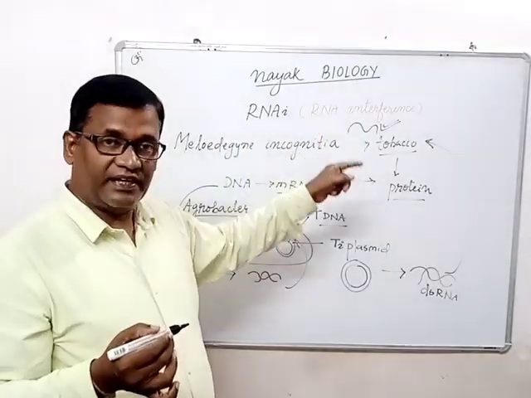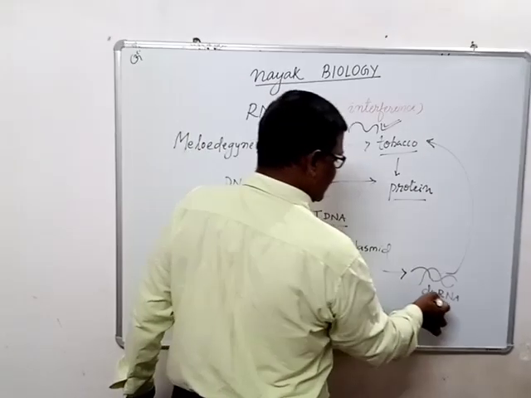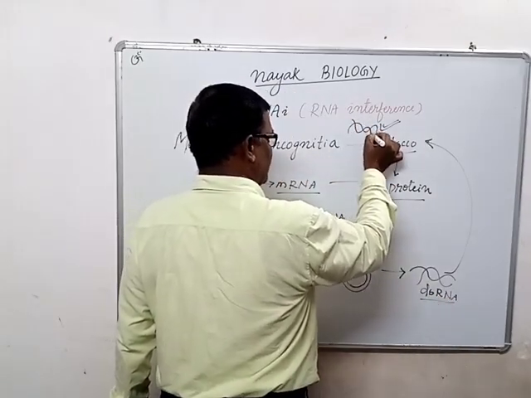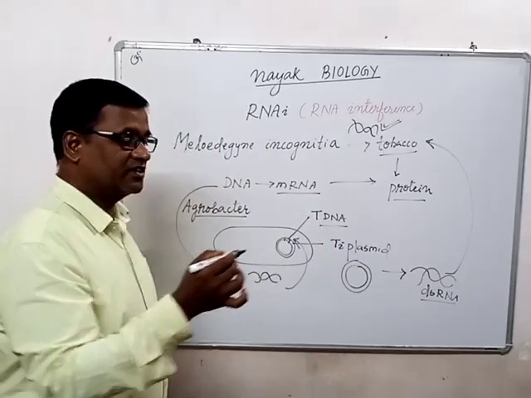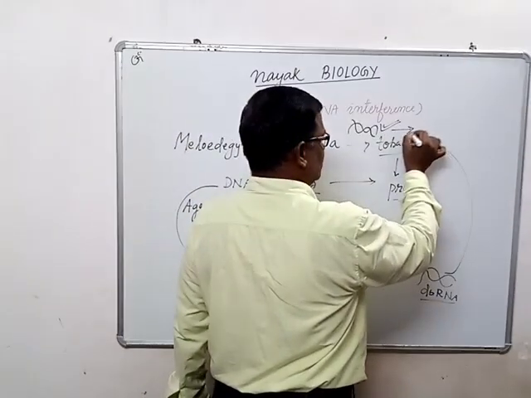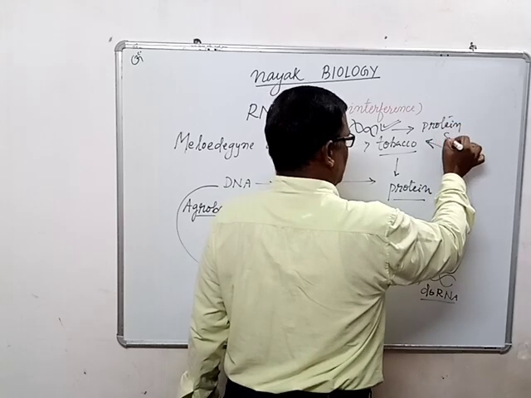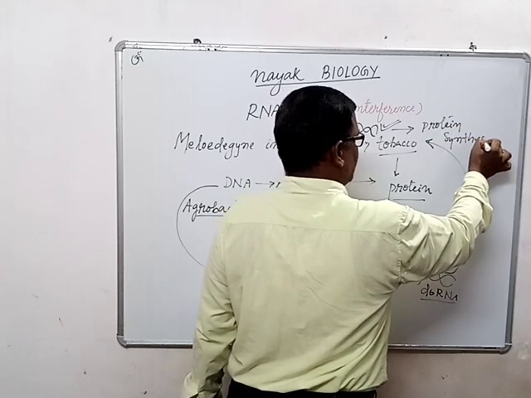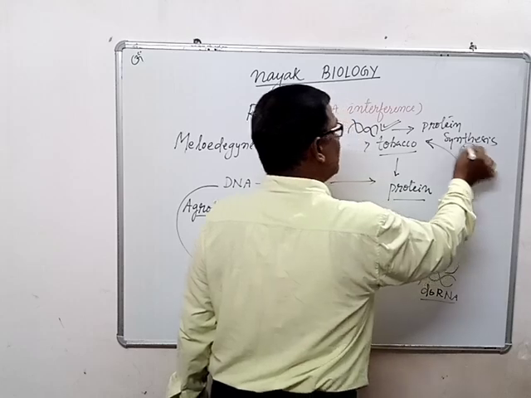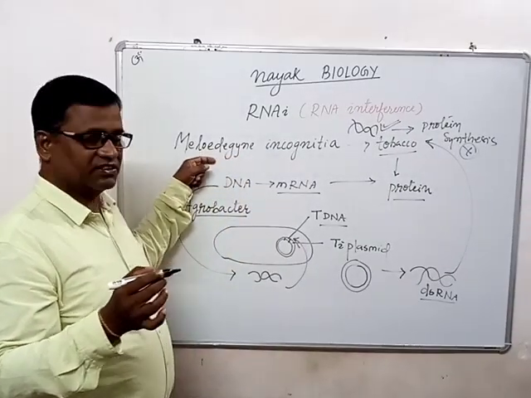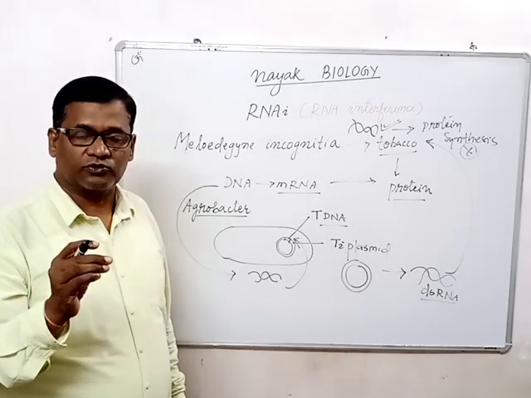When this RNA enters, where the dsRNA is already present, immediately it forms a complementary of this RNA, by which it will stop the protein synthesis. Protein synthesis will not occur. When protein synthesis does not occur, then what will happen? Meloidogyne incognita is not able to cause the infection to the tobacco plant.